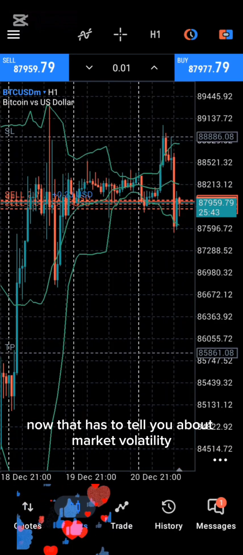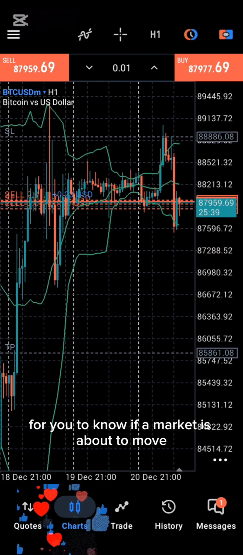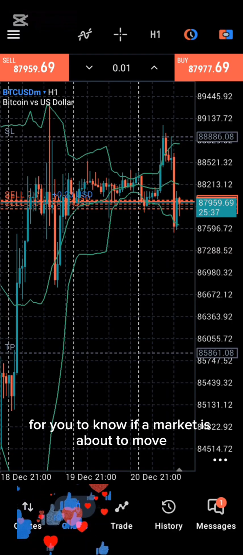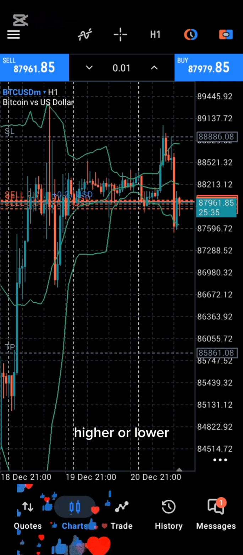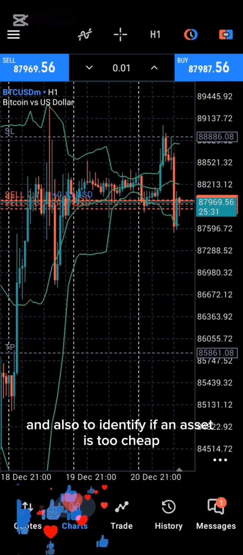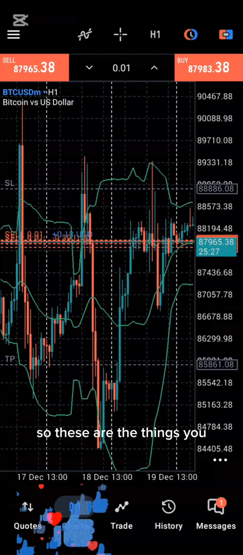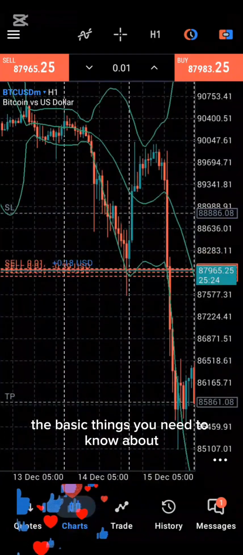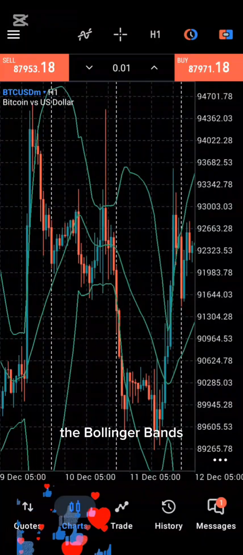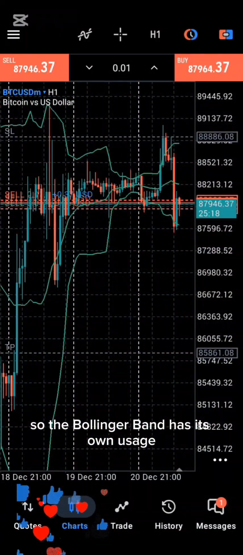Now that's to tell you about market volatility, for you to know if a market is about to move higher or lower, and also to identify if an asset is still cheap or too expensive to invest in. So these are the basic things you need to know about the Bollinger Bands when you are applying it on the screen. So the Bollinger Band has its own usage.